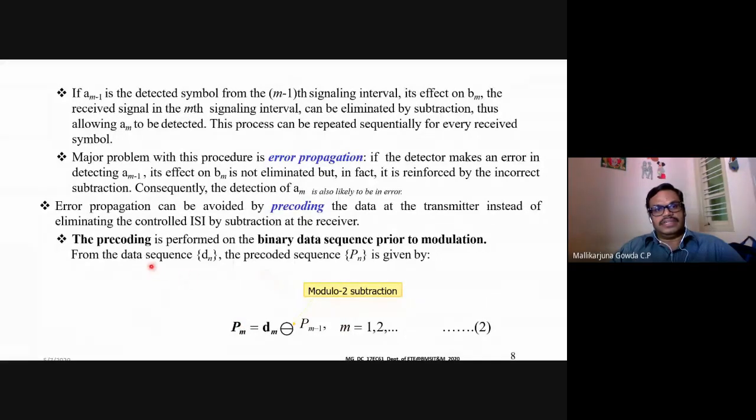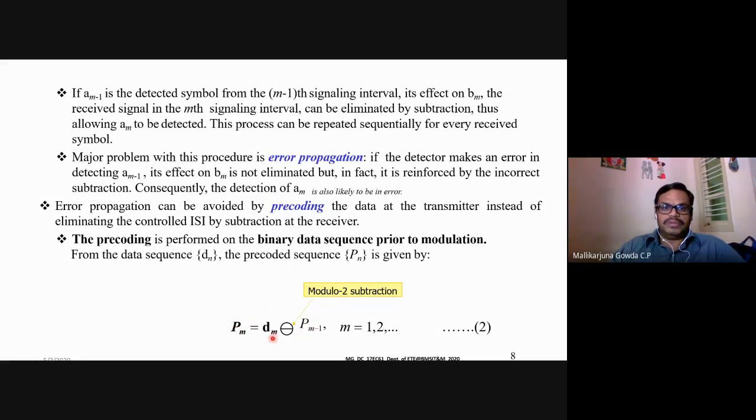The input data sequence I denote by Dm and the pre-coded sequence I denote by Pm. So Pm is the pre-coded sequence, which will be equal to Dm, the input data sequence, modulo 2 subtraction Pm minus 1. Pm is the present and Pm minus 1 is the previous one.